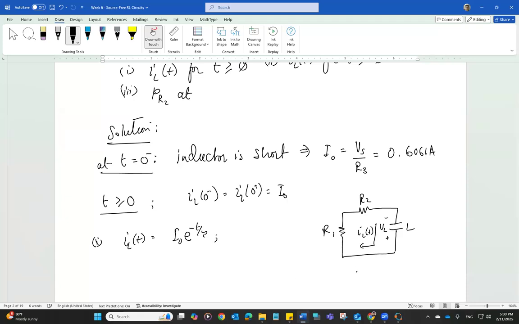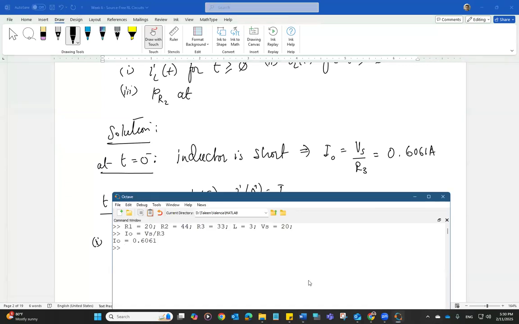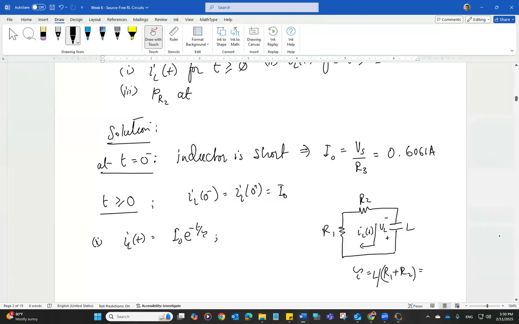Tau, in this case, is L divided by R1 plus R2, because R1 and R2 are in series. So tau is L divided by R1 plus R2, which is 0.046875, so 46.875, or 46.9 milliseconds.